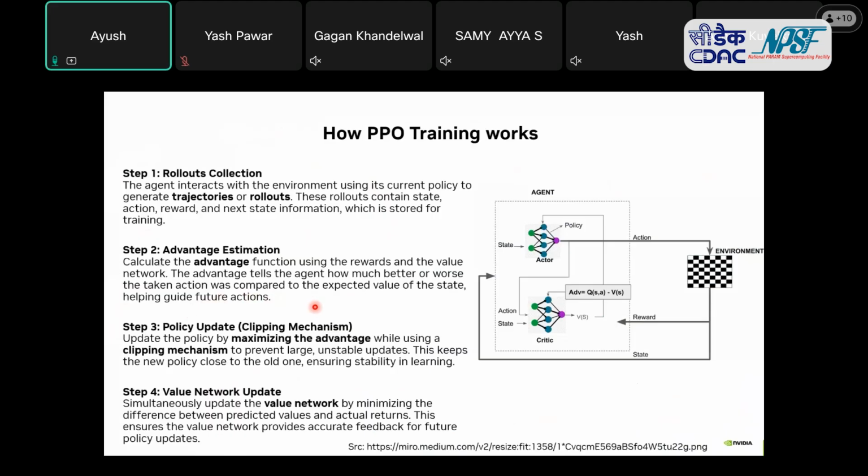So you generate these K responses for each prompt, score each response using the reward model, and then compute the advantages using the rewards and the value network.